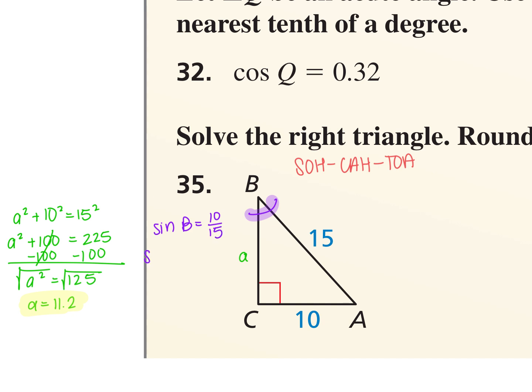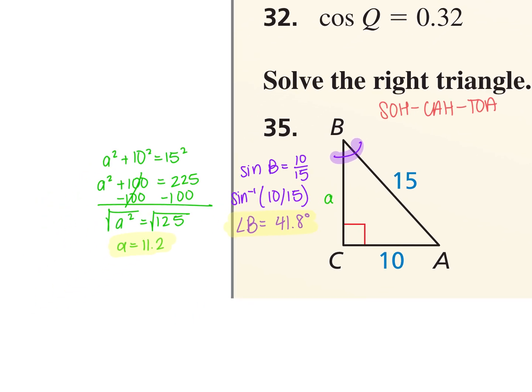So I'm going to use the inverse of sine, or arcsine. 10 over 15, if I plugged it in correctly, angle B, rounding to the nearest tenth, equals 41.8 degrees. And then solving for my remaining angle, I don't have to use SOHCAHTOA. For this, I can just solve angle A equals 90 minus 41.8, and angle A equals 48.2 degrees.